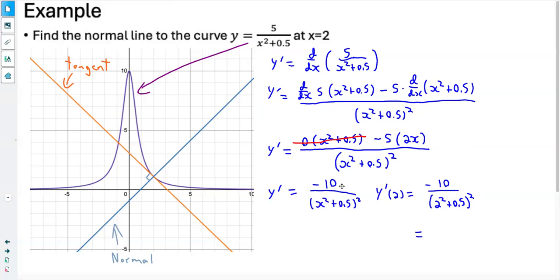So negative 5 times 2x, so that should have an x there, an x here, which gets replaced with our 2. So that gives us negative 20 over, calculating this out, 81 over 4. So this gives us negative 80 over 81 as our slope of this orange line. So that'd be our slope of our tangent.